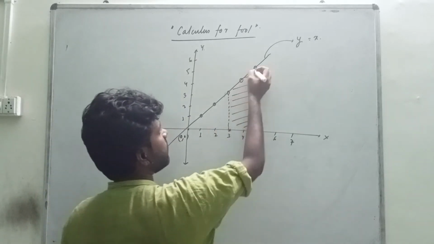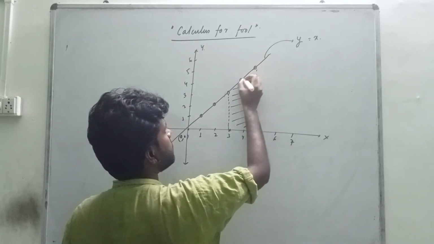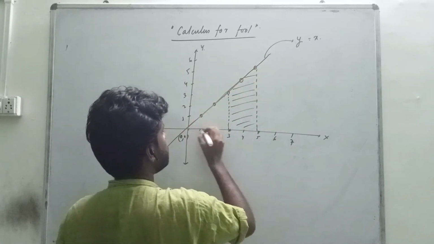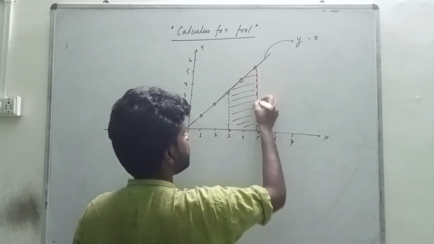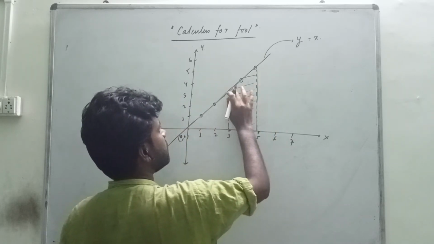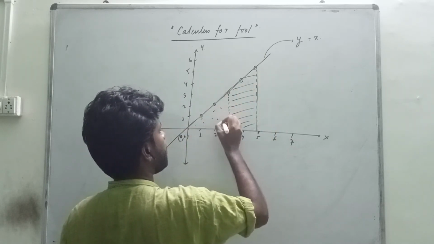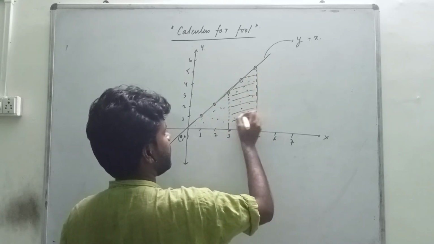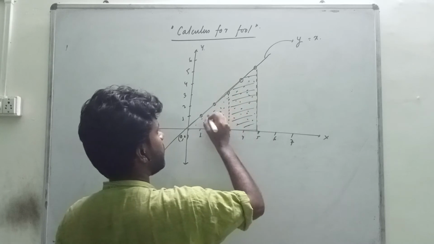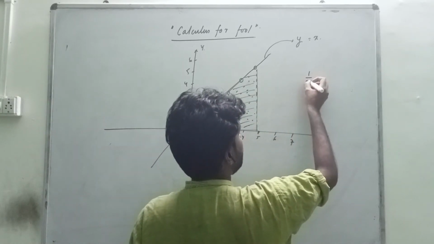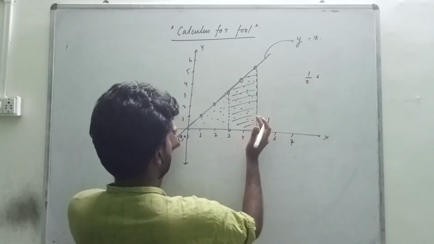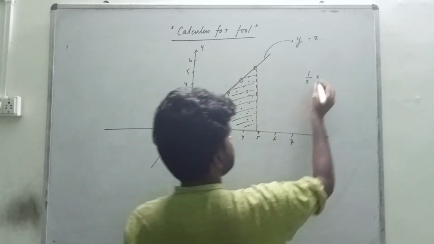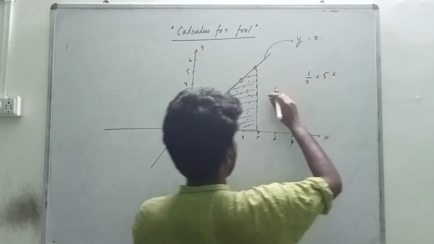Another way was, if you calculate the area of this big triangle, the area of this full triangle, I mean, I'll just dot it here. The area of this full triangle. So it is a right angle triangle, and the area of this full triangle is half into base into height, and the base is 5 actually.